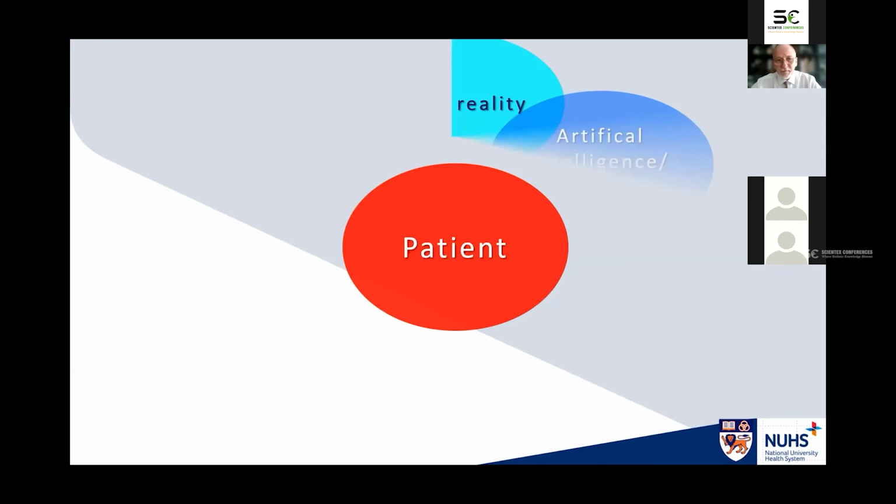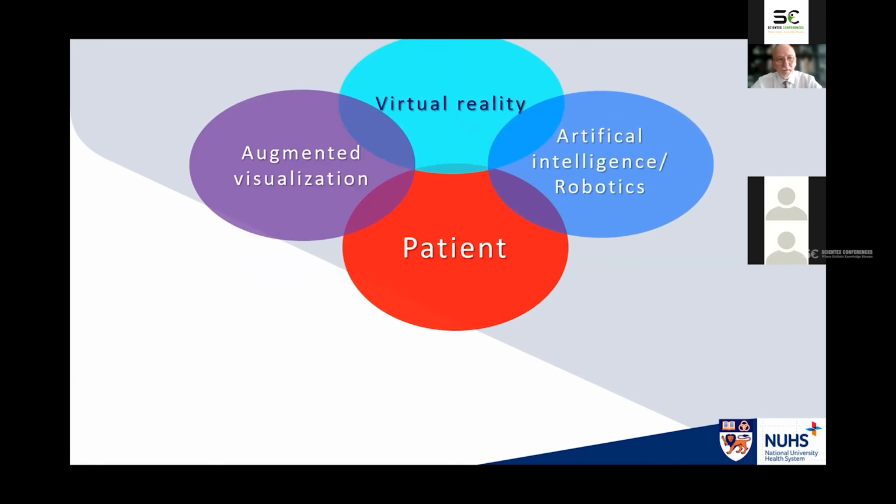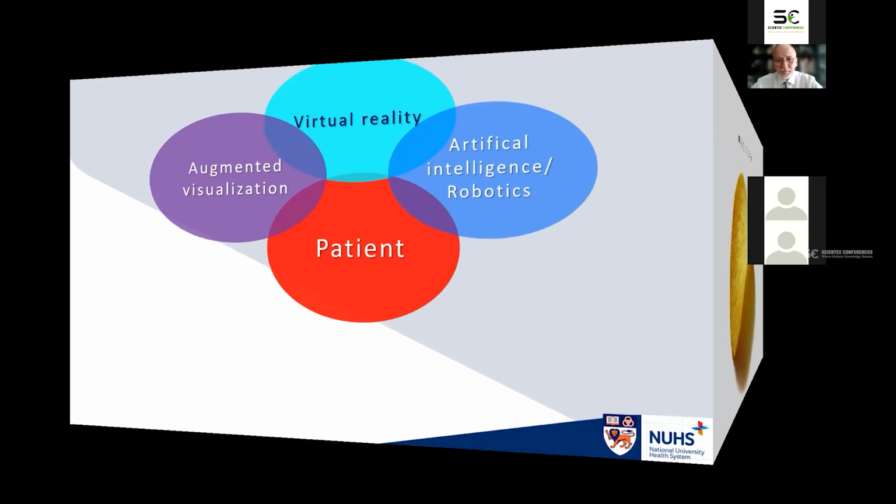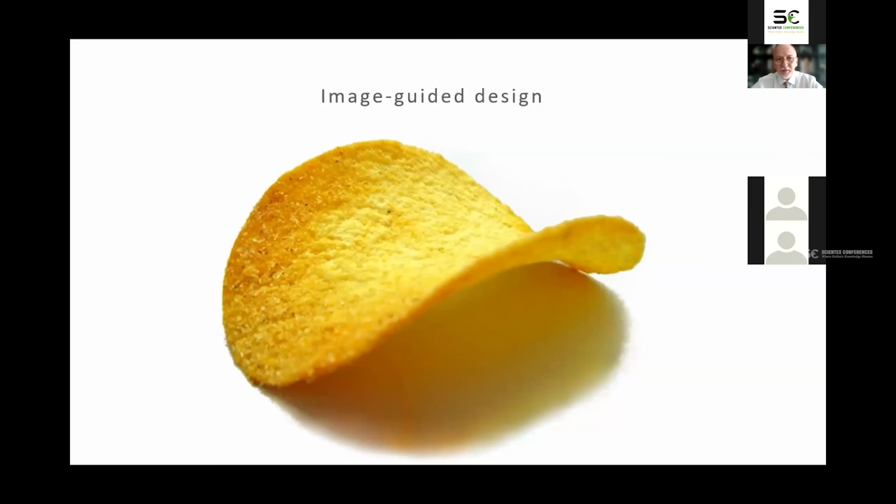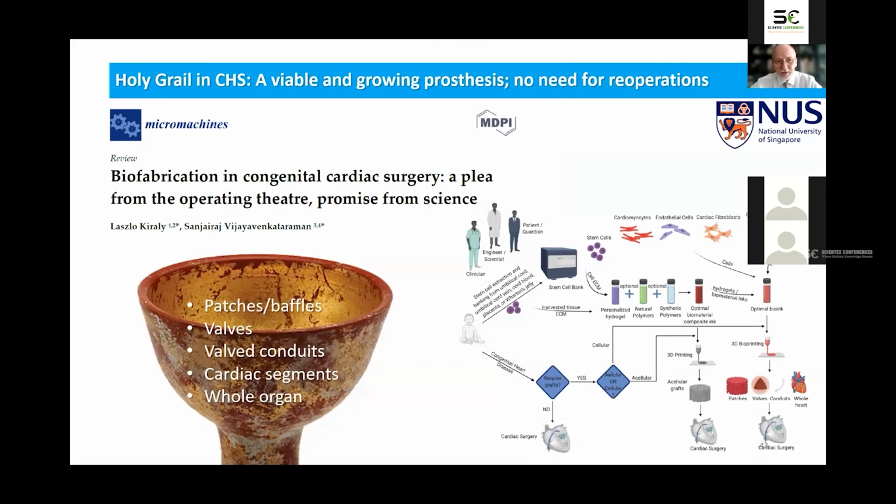So that's one of, let's say, the first half of the circle around the patient. And the other half of the circle could be image-guided design. As I mentioned, we implant a lot of extra material into the patients. And unfortunately, those materials cannot grow, and they are not natural or viable materials in most of the cases.